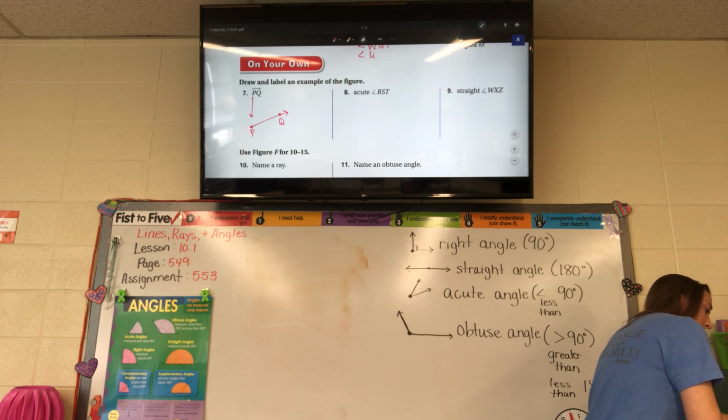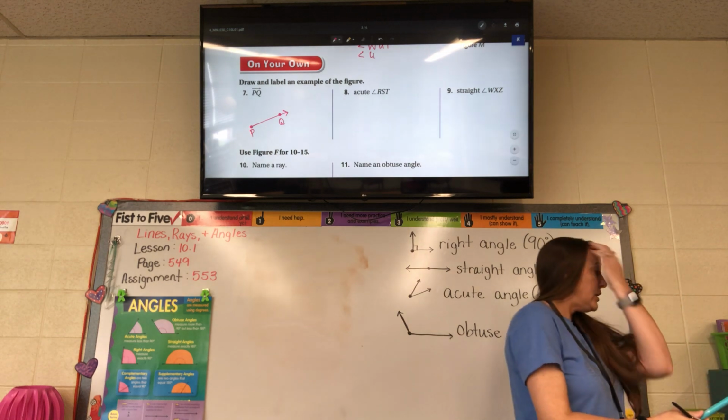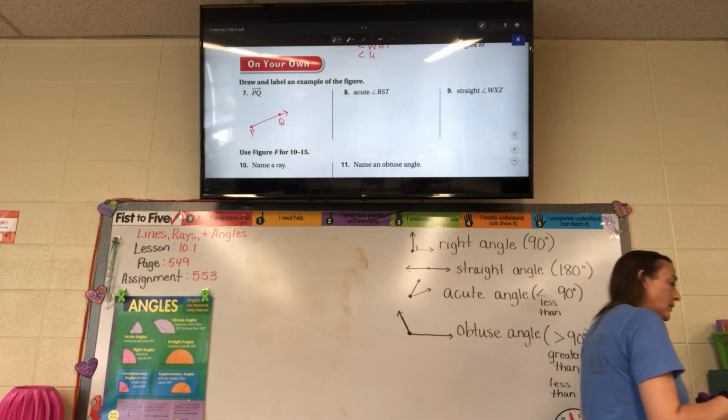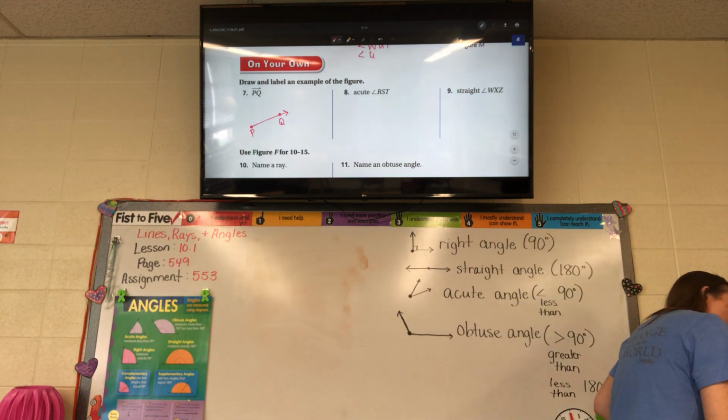Okay? So next they want us to draw acute angle RST. Okay, so they've given us 3 letters. So I'm going to draw a little acute angle. I'm going to draw another one over here because this could have 2 different names.